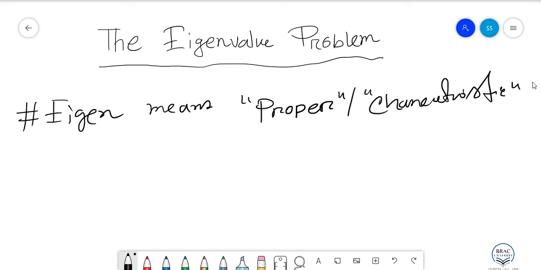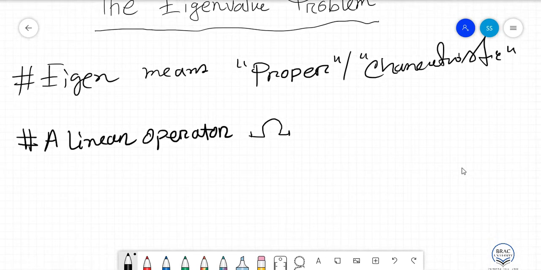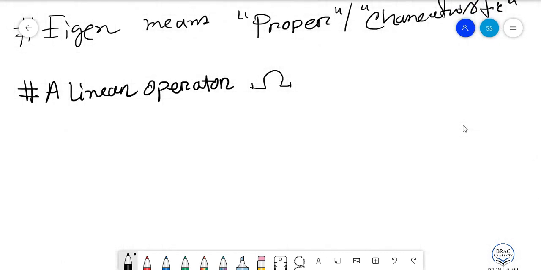Let's say you have a linear operator. I have a linear operator that is defined as, let's say, omega. Okay, it doesn't look very good, so let's call our linear operator omega, and there might be a set of vectors that forms a vector space.